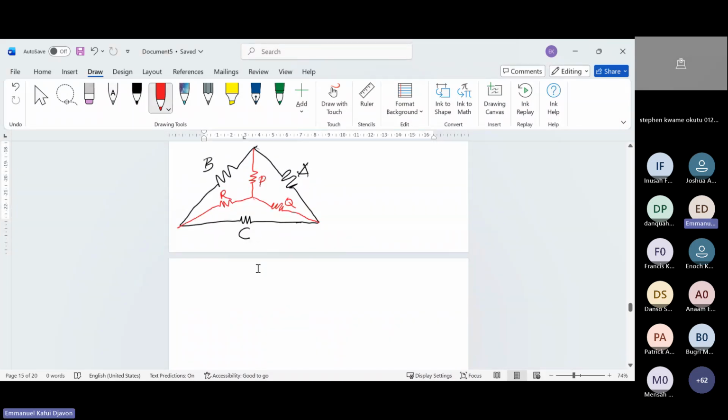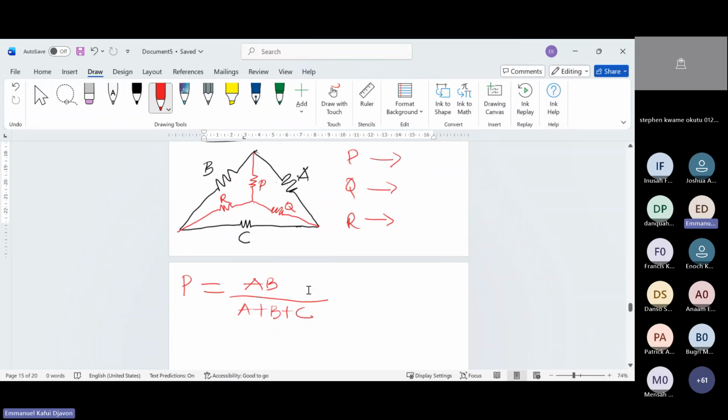You need P, you need Q, and you need R. To get P, P will be equal to A times B, the two here, all over the sum of A plus B plus C. When you need Q, it will be equal to A times C. Here, the denominator is the same throughout.